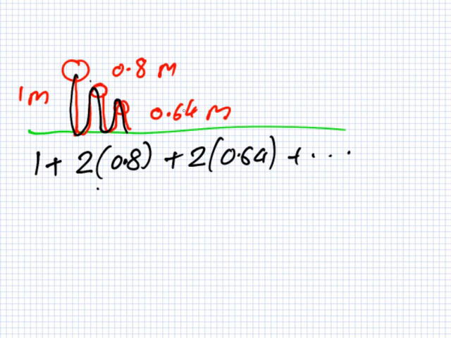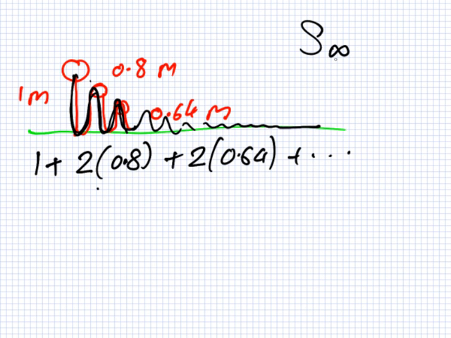These are heights. But I want to know how far it travels in total. So what I want is to add all of these distances together. Infinite. It keeps bouncing forever.